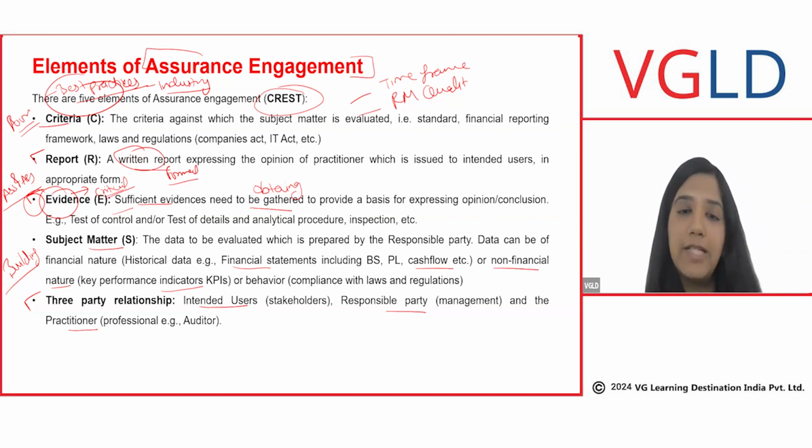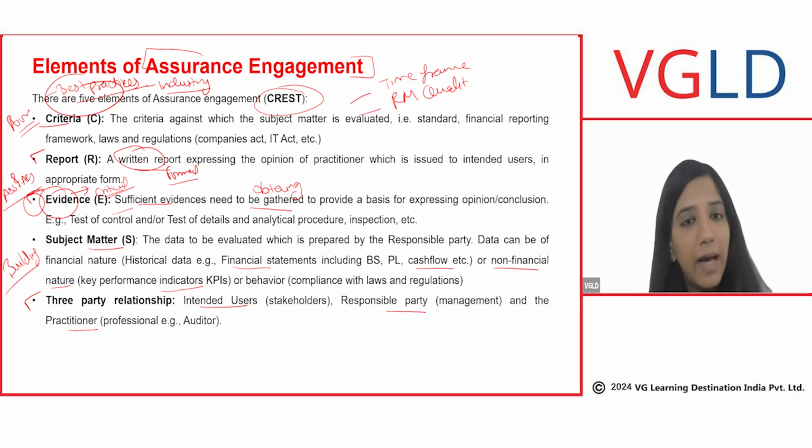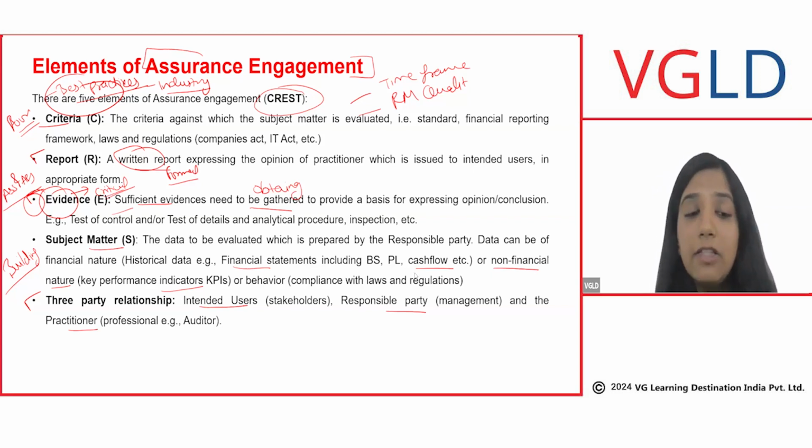All those 12 months figures have already happened, so you check the historical data. Now what all do you check when it comes to your historical data? You check the balance sheet, the P&L, the cash flow, you end up checking vouchers, contracts, whether the ledgers are prepared properly, whether the journal entries are being passed correctly or not, and the non-financial aspects of it also, like your key performance indicators.